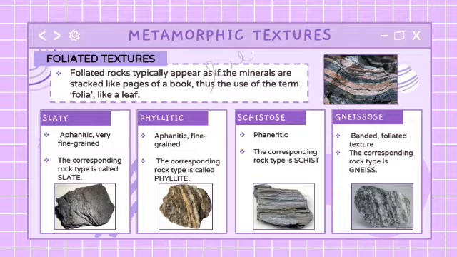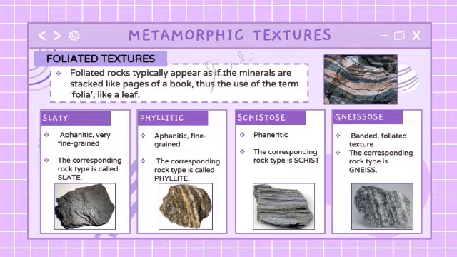So this foliated texture has lines that look wavy if you look at the picture. In order of increasing grain size, foliated textures are referred to as slaty, phyllitic, and schistose. Then the corresponding rock types are called slate, phyllite, and schist.